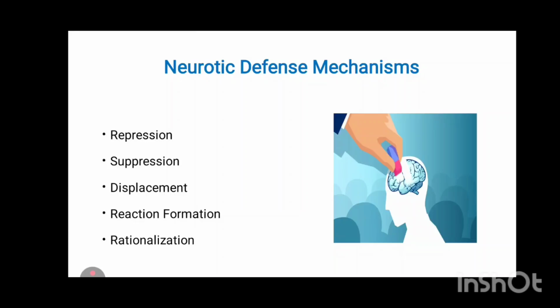For example, a person who feels hostility towards a colleague behaves overly friendly. Next is rationalization. Sorry, this is giving socially acceptable reasons to justify unacceptable behavior. For example, a student who fails an exam says the paper was unfair anyways.